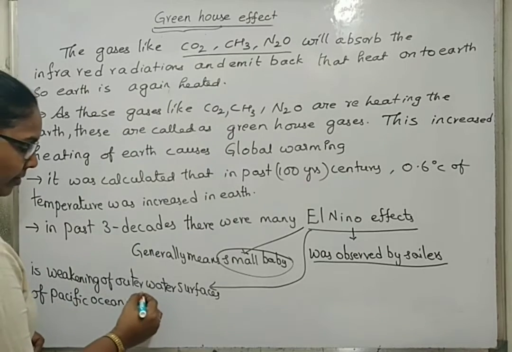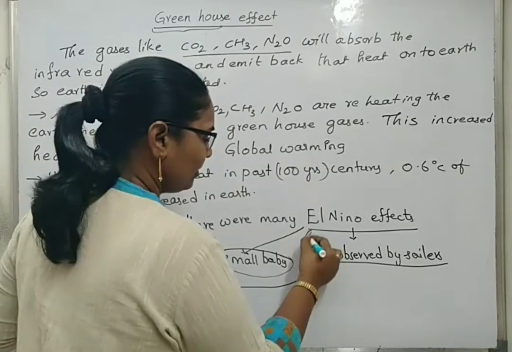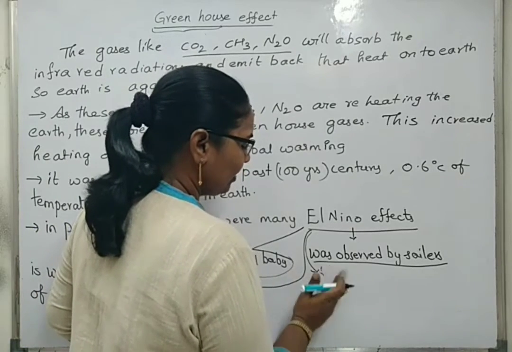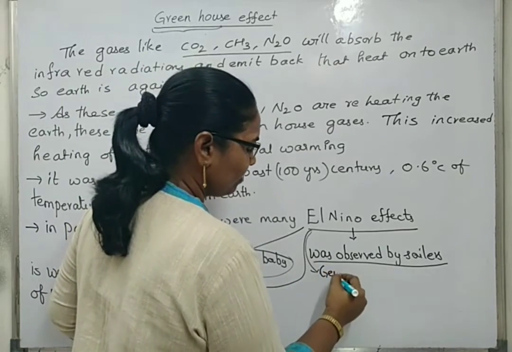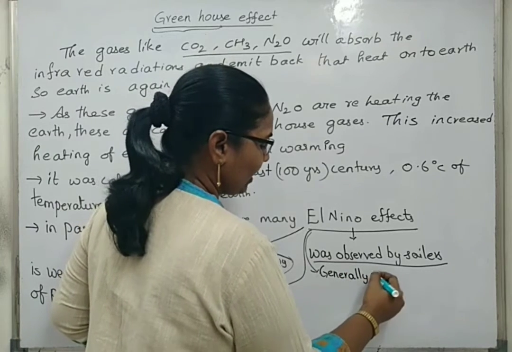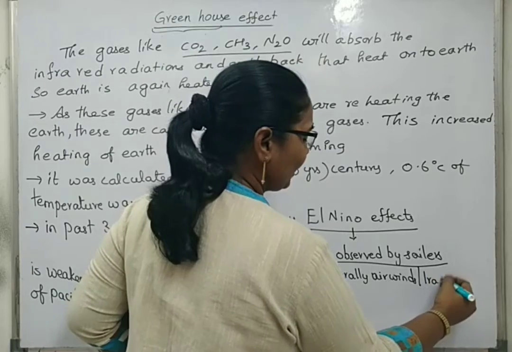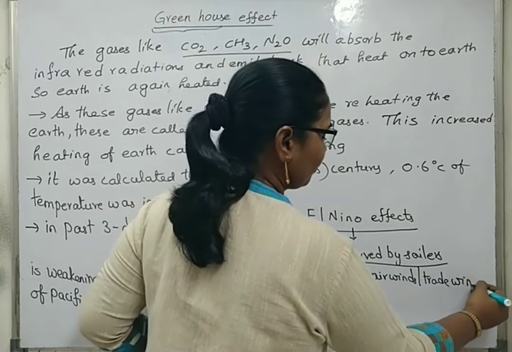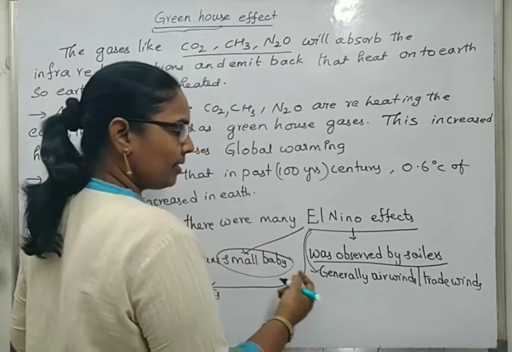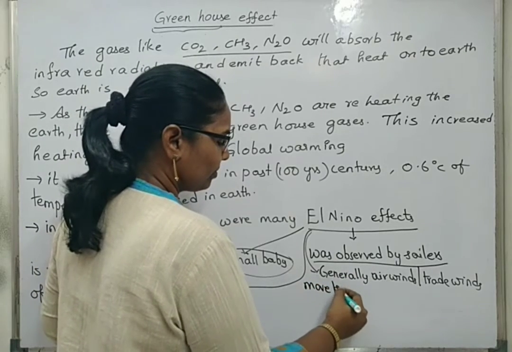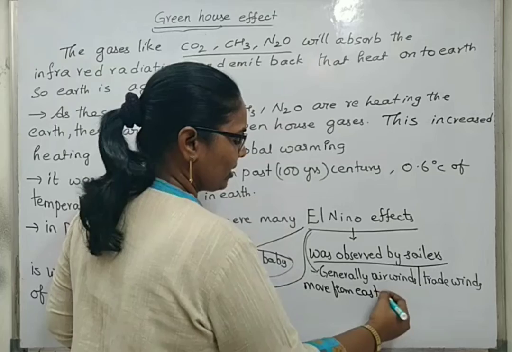Now, we will see this El Nino effect. Generally, air winds, which are also called trade winds, move from east to west. This is the normal climatic change that happens seasonally.